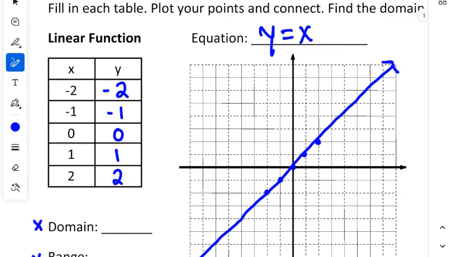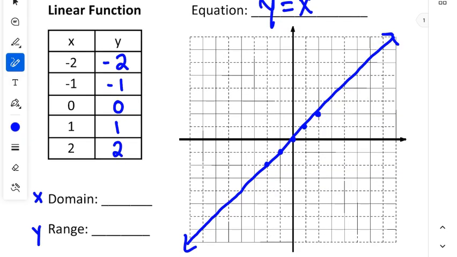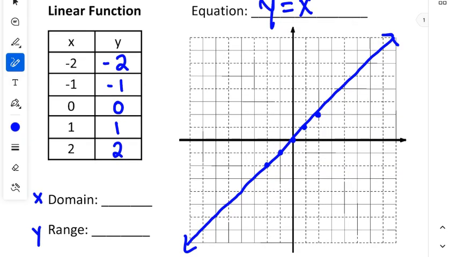All right, so domain is our x values. Range is our y. So for domain, it's left and right. So we look left, we look right, and we have arrows going left and right. So that is negative infinity to positive infinity.